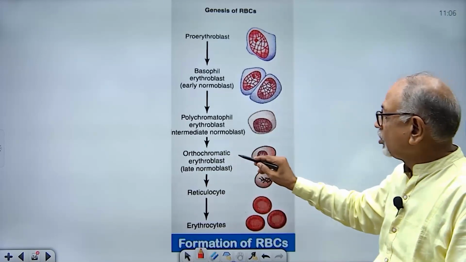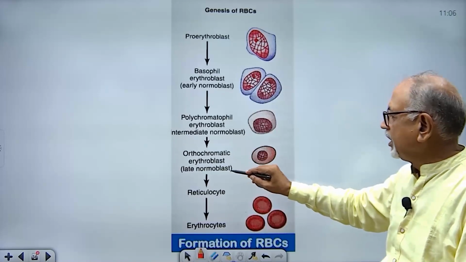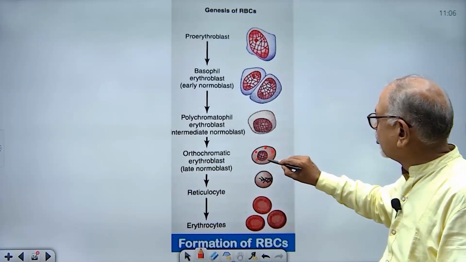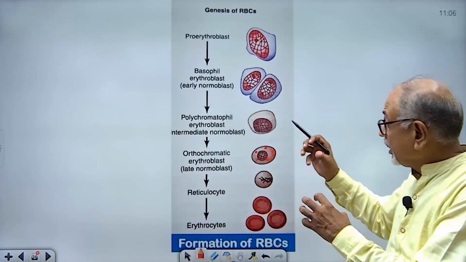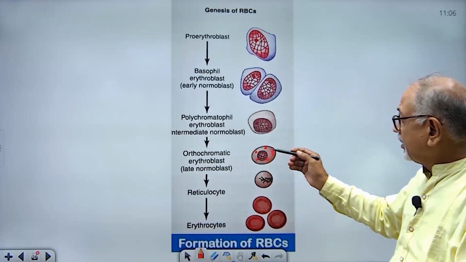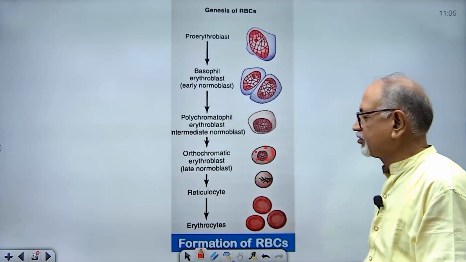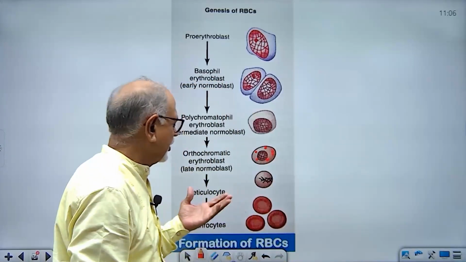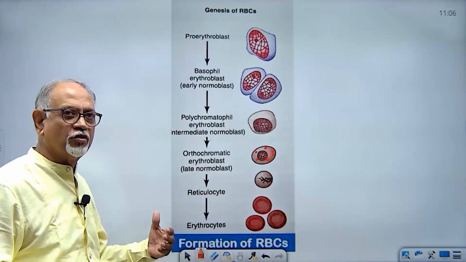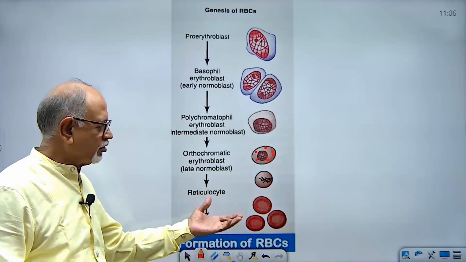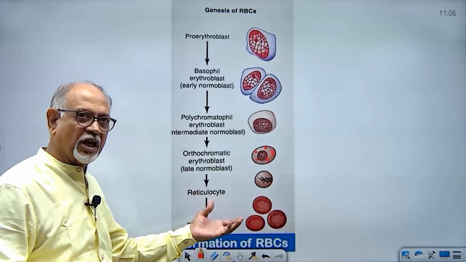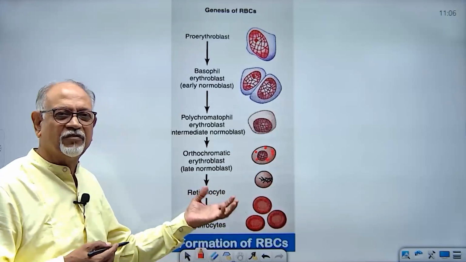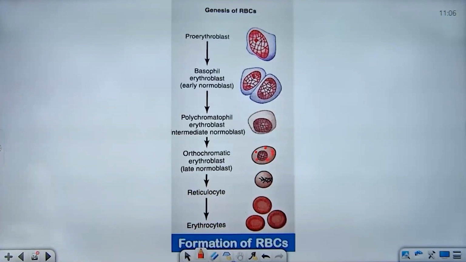When it comes to orthochromatic erythroblast, that is late normoblast stage, formation of hemoglobin starts and the nucleus shrinks. Then in the next stage, reticulocyte, the nucleus is finally disintegrated and the RBC matures as a biconcave disc-like corpuscle completely filled with hemoglobin.